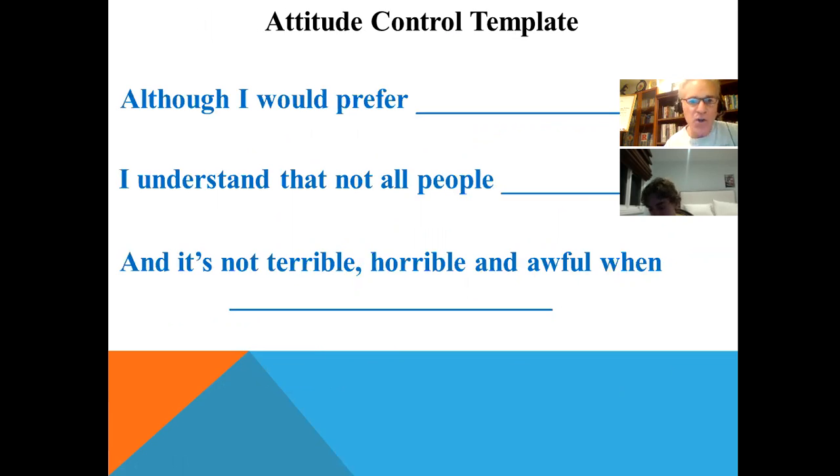All right, although I would prefer that the same standards are held for all players, including the so-called superstar, I understand that not all people will do that. They won't hold the same people to all the same standards, and it's not terrible, horrible, and awful when they don't. I would prefer that my wife does what she said she would do, but I understand that she's not always going to do that, and it's not terrible, horrible, and awful when she doesn't.